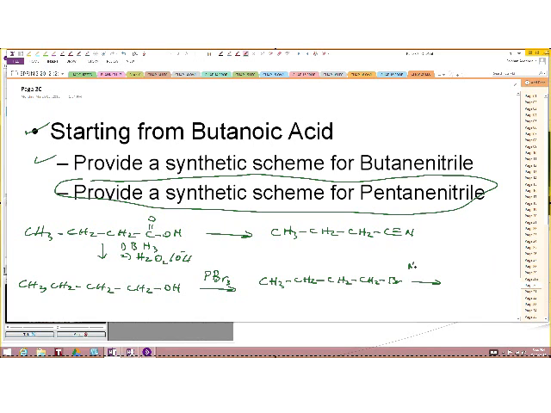If you do this here, what you will get will be pentanenitrile, but we want butanenitrile. Pentanenitrile has 5 carbon atoms, yes. The point is, you need to lose a carbon atom to do this. The question is not as innocent as it seems.